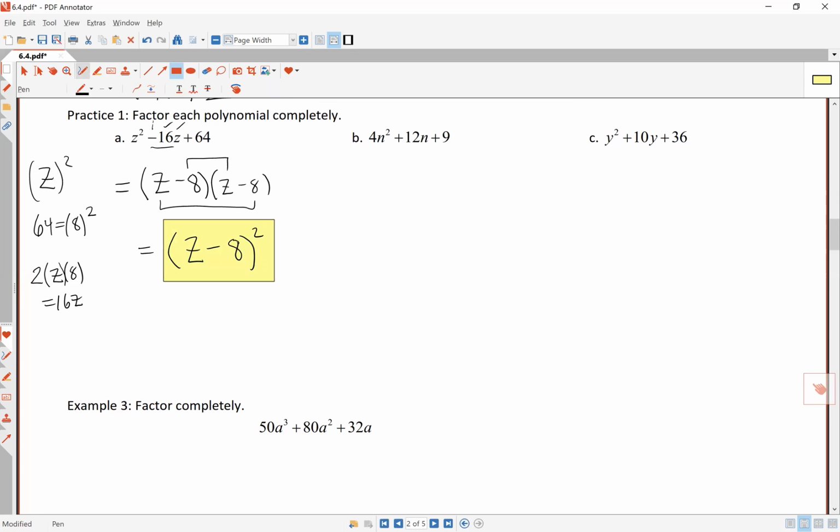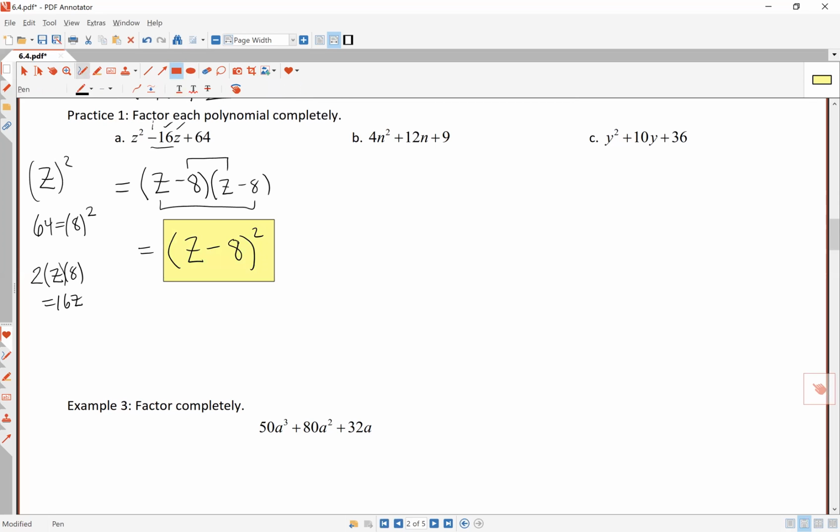Letter B, the first term is 4n squared. That's the square of 2n. Last term 9 is the square of 3. In order for this to be a perfect square trinomial, that middle term has to be twice these two terms, 2 times 2n times 3, which is 12n.